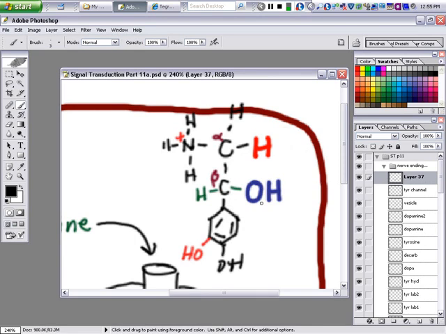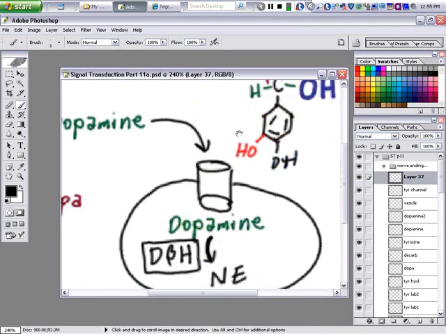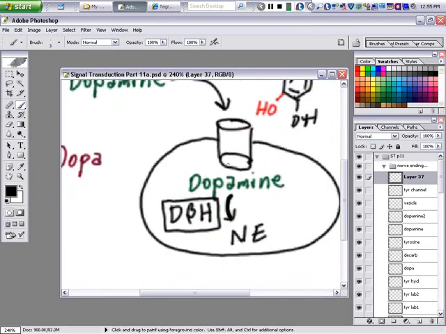Everyone okay with that? So all I did here was show you where that happens in the vesicle. Dopamine is converted to norepinephrine using the enzyme dopamine beta hydroxylase. Everybody okay with that?